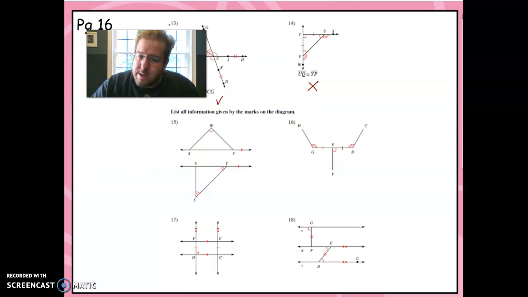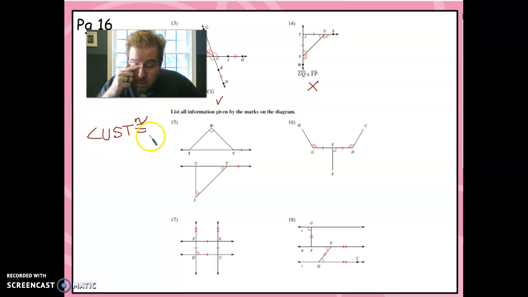List all the information. Okay, so now it's actually asking us to list all the information, even though I have been doing it. So we've got congruent angles. Angle UST is congruent to angle UTS.